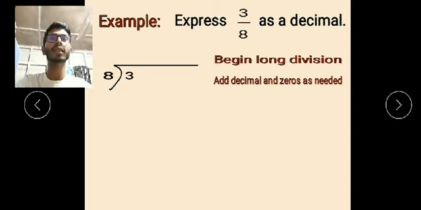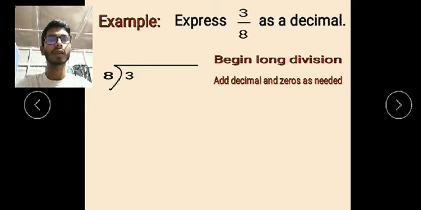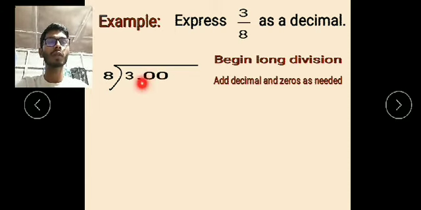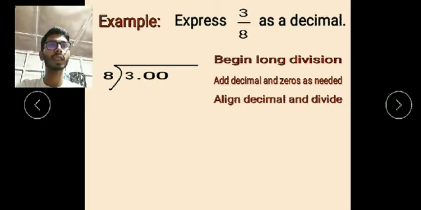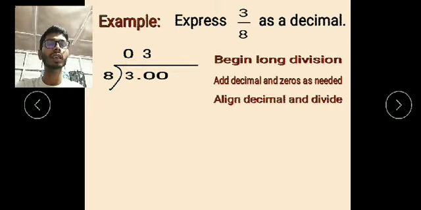Now see, 3 is a smaller number and 8 is a bigger number, so we cannot divide 3 by 8. So what we'll do, we will put one decimal point, and after putting the decimal point, we'll write two zeros. As 3 is smaller than 8, we'll write 0 point.